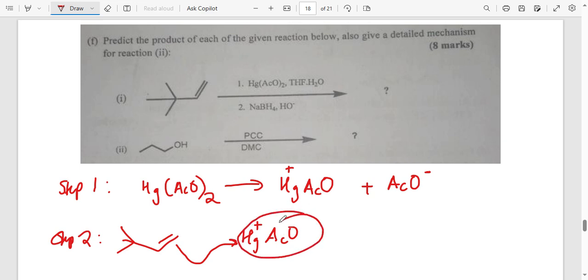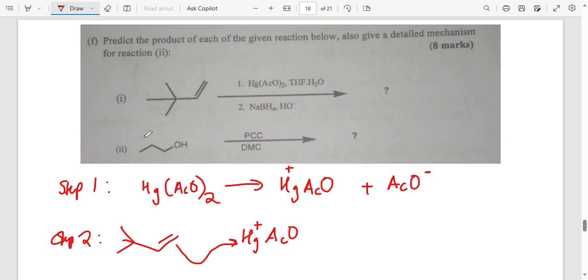This bigger group will attach at the less substituted carbon, but the hydroxide, because in these reactions we are forming alcohols, is going to attach on the more substituted carbon. So that's why this group attaches on the less substituted carbon.